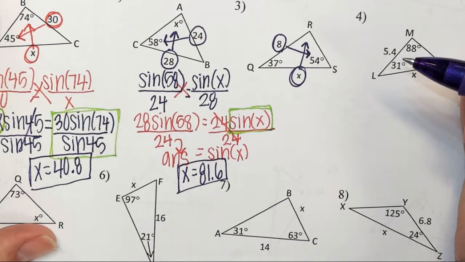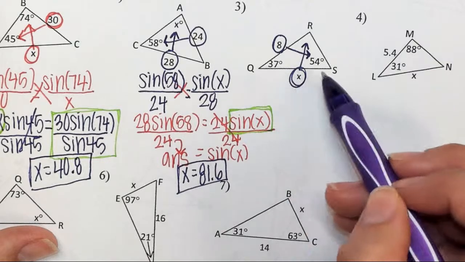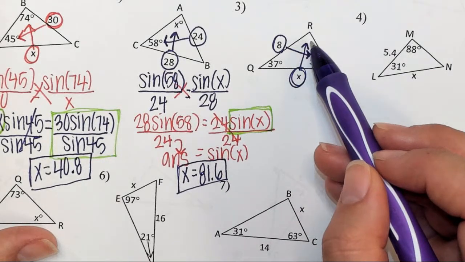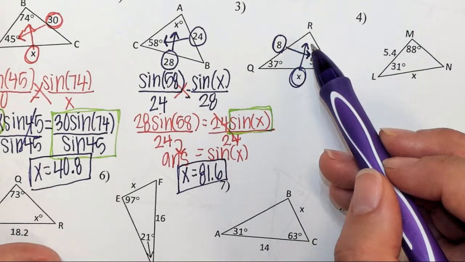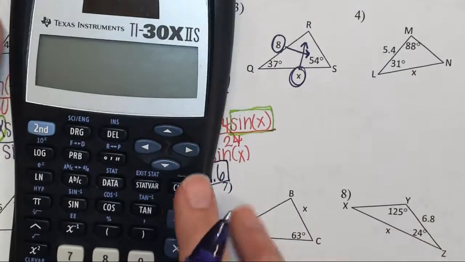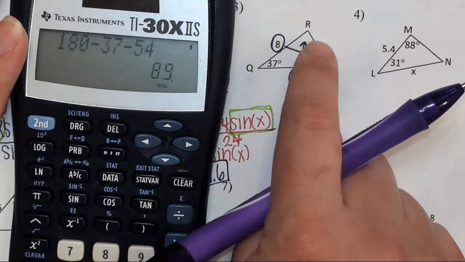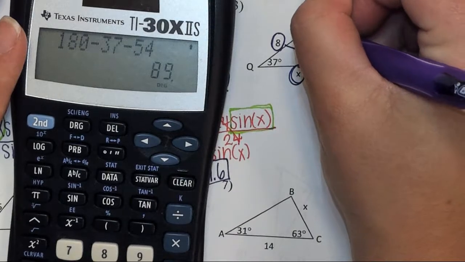Say it. 180 minus 54 minus 37. Yeah. Look, you know these two angles, right? That's the only one missing. How many degrees are in a triangle? So in your calculator, 180 minus 37 minus 54, that tells you your angle measure is 89.